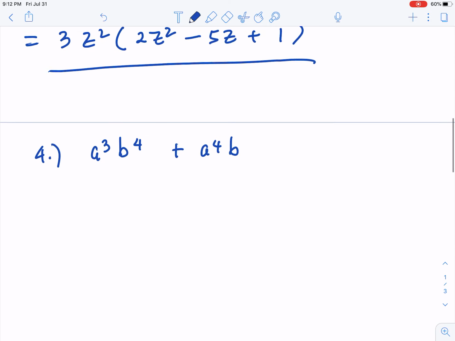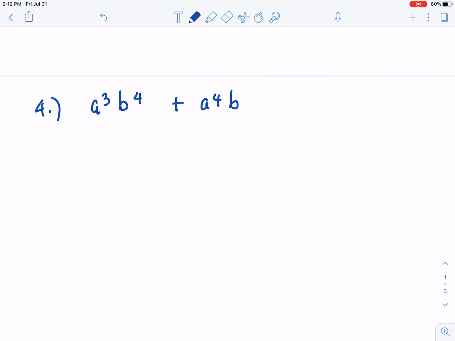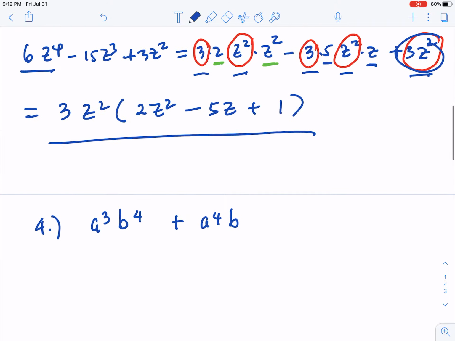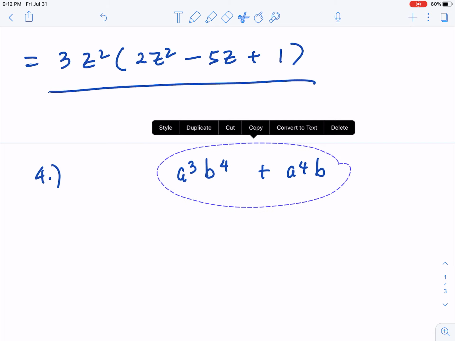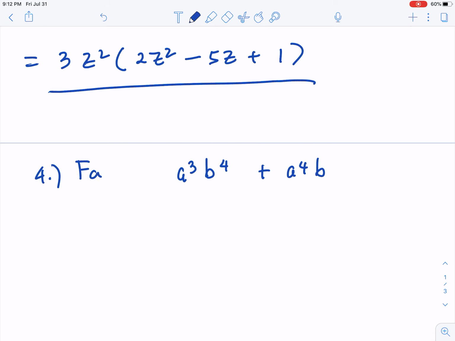Okay? And lastly, we have a cubed b to the 4th plus a to the 4th b. So, yung a cubed tsaka a to the 4th, ano yung common factor natin? Greatest common factor. Yung mas maliit yung exponent, di ba?